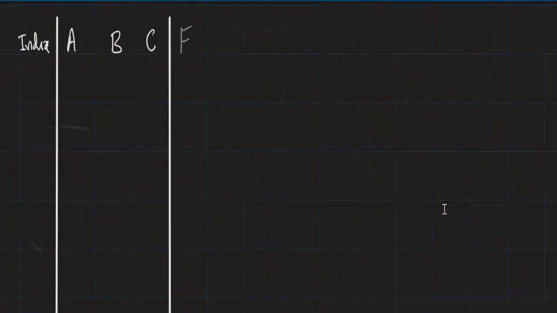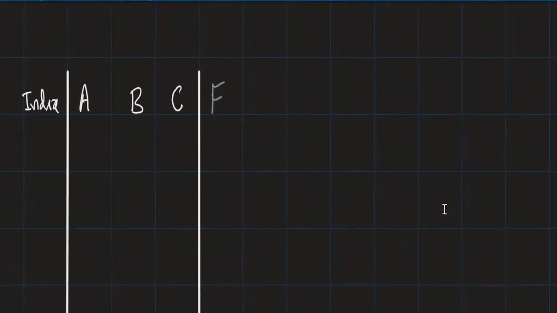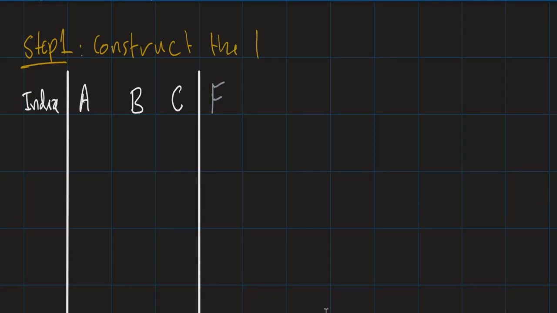So I will call this step 1 just to make it more organized. Step 1 is to construct the truth table.